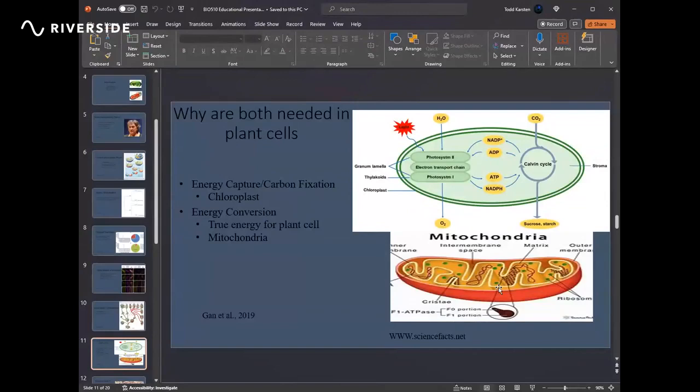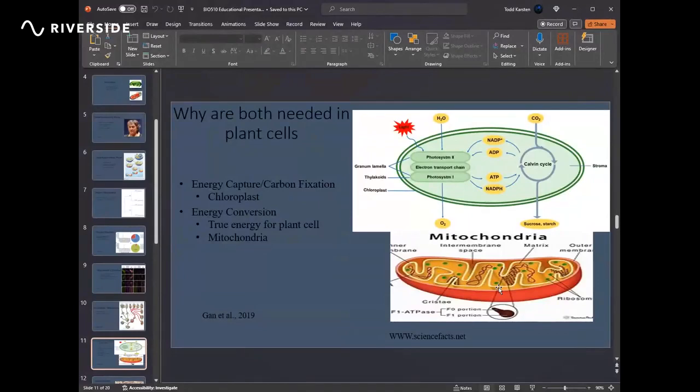Then carbon is converted to an organic molecule so that it can be used by the plant. The mitochondria is needed then to convert the solar energy collected by the chloroplast into ATP, adenosine triphosphate, and ADP, adenosine diphosphate, for use throughout the plant. Without both of these organelles, the plant could not survive.